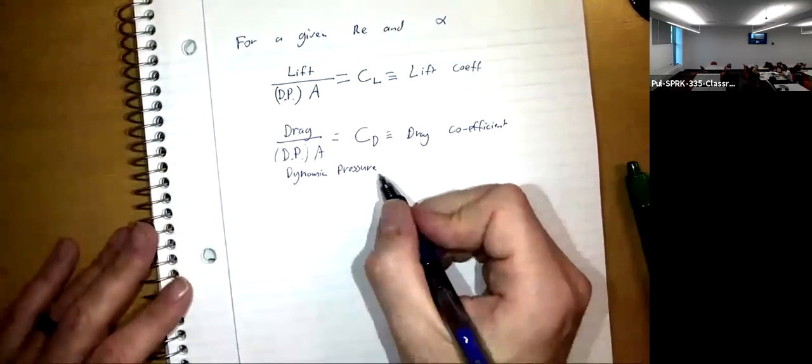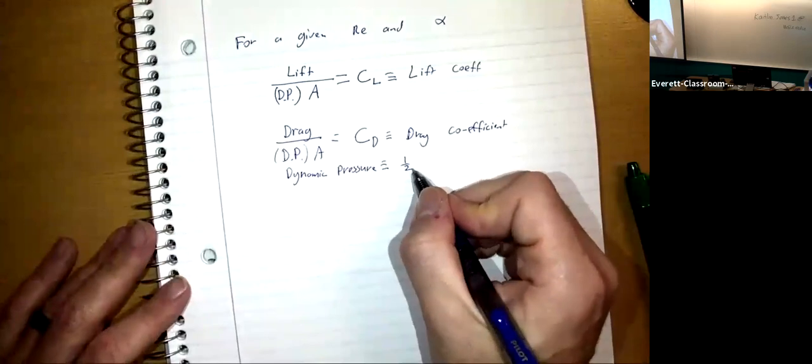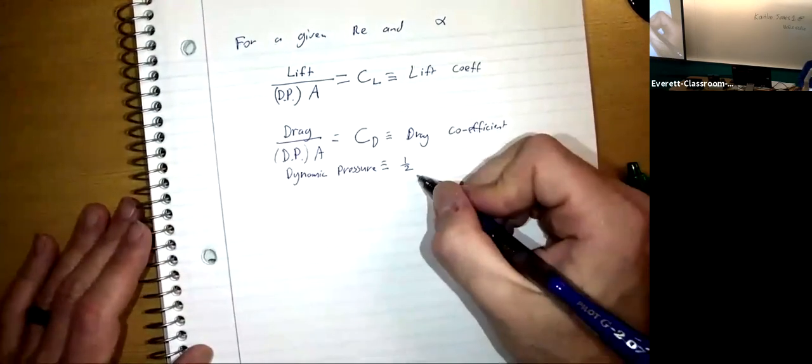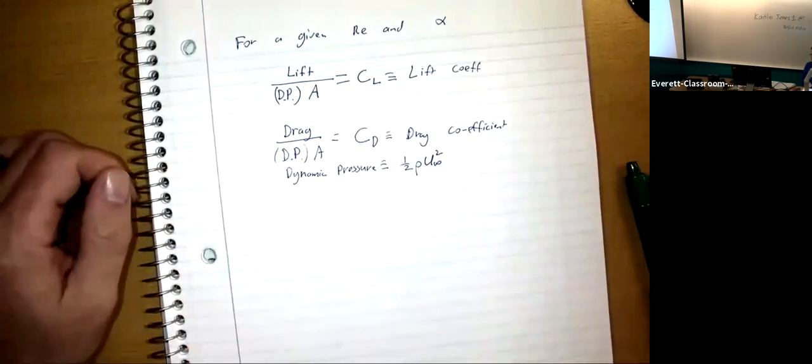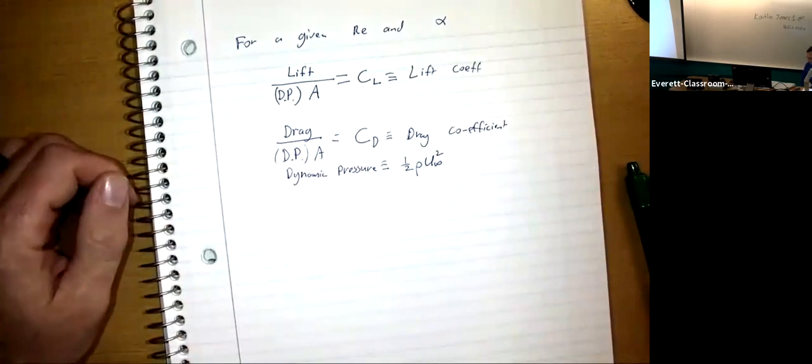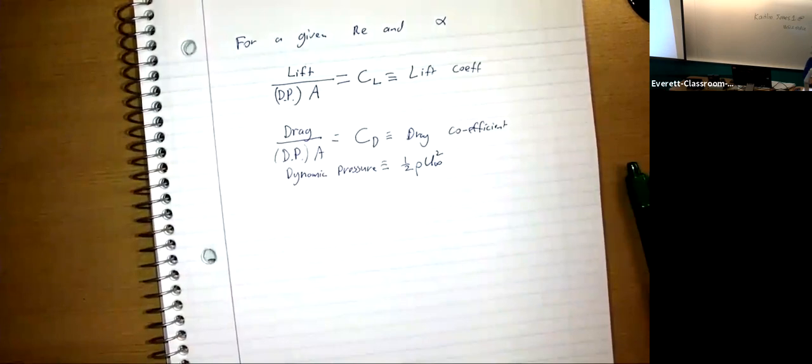And dynamic pressure is 1/2 rho times wind velocity squared. And you see this written two different ways.